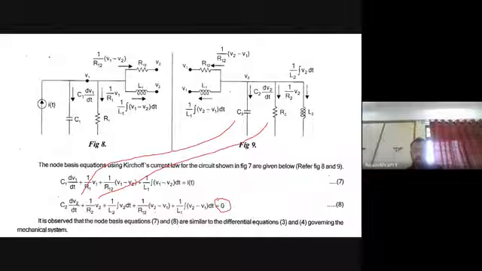The next, inductance L2: the current through the inductor L2 is 1 by L2 into the integral of V2 into dt. Next, coming to the common elements, R12 and L1 are common. So this is the equation representation for the force current analogy.